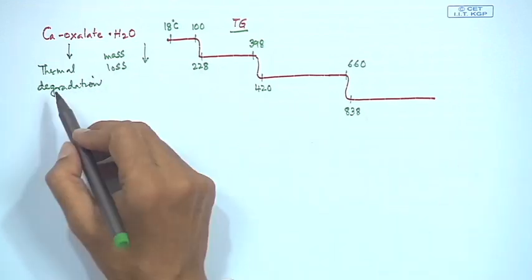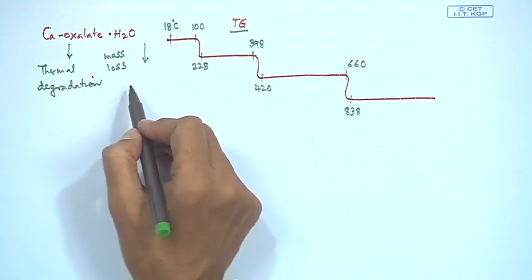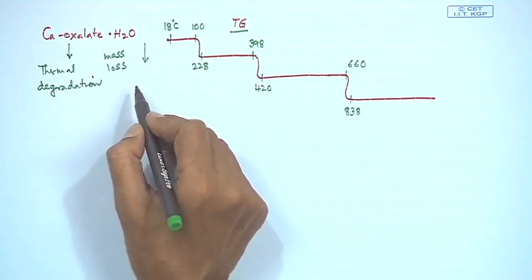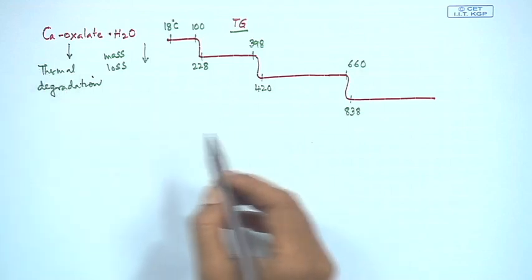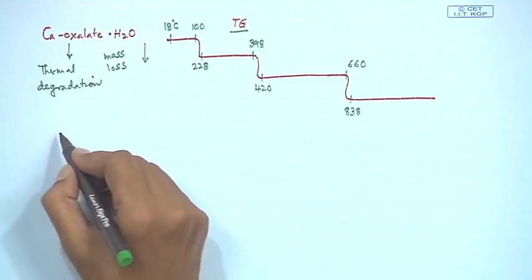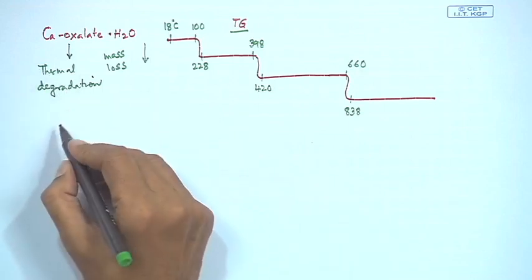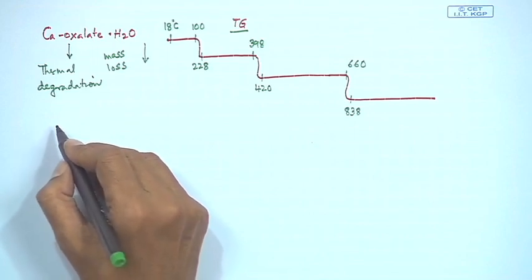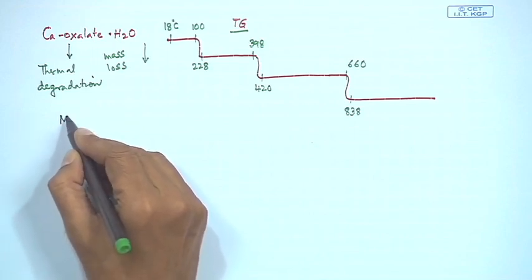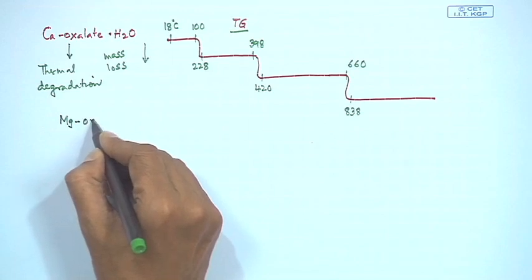So, this thermal degradation will accompany some mass change also. So, along with this calcium oxalate, if we take another sample, because both the two metal ions are present in the water sample, so we can precipitate it together, which is your magnesium oxalate.